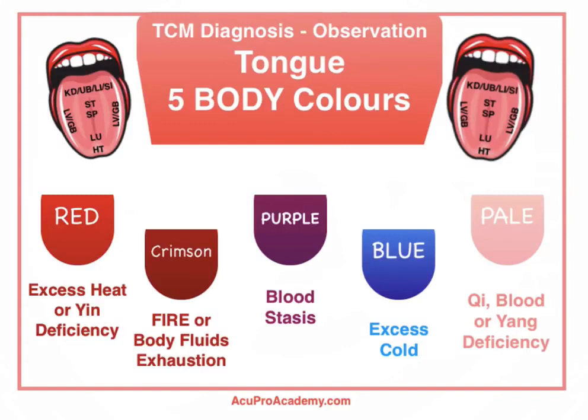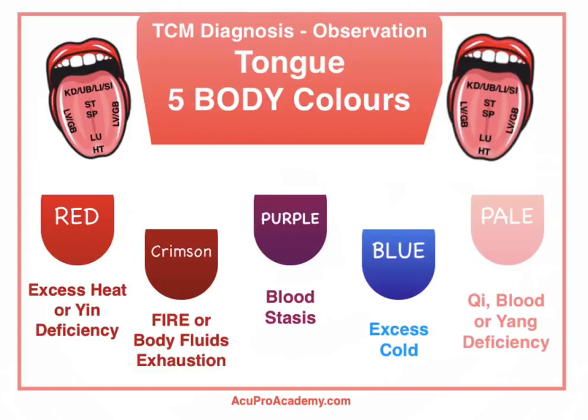We said we look at 4 things, so let's look at the first one. The 5 body colors on the tongue are red, crimson, which is deep, deep red, purple, blue, and pale. So a lot of similarity with the body colors, but a little bit of difference, right? So if we have a red tongue, it is excess heat or yin deficiency.